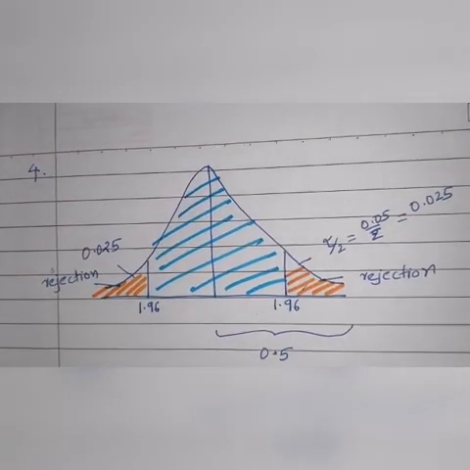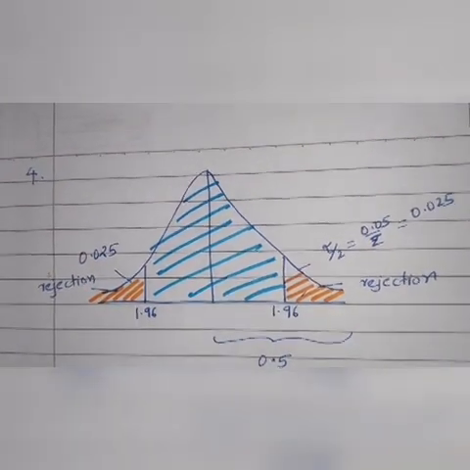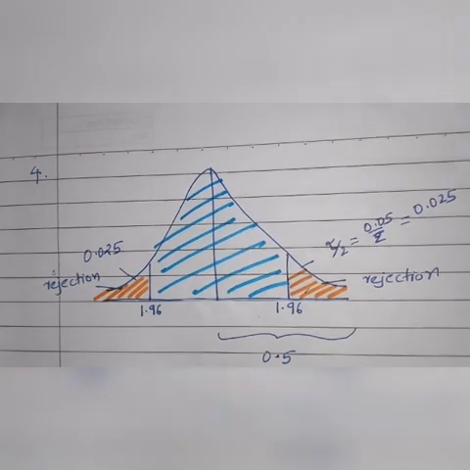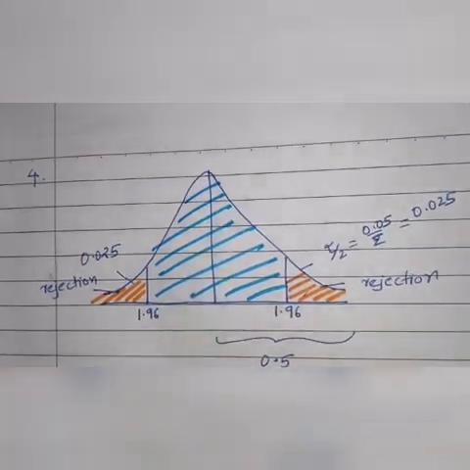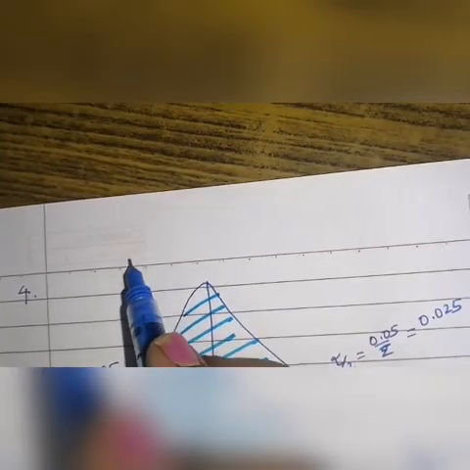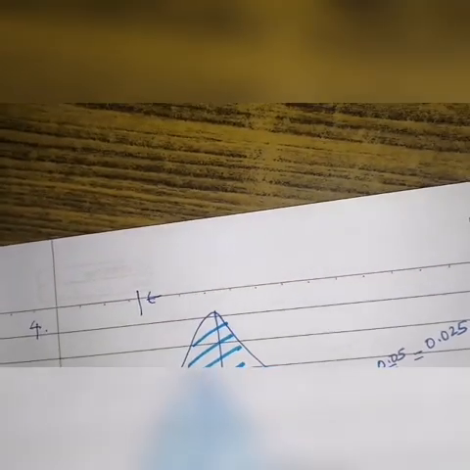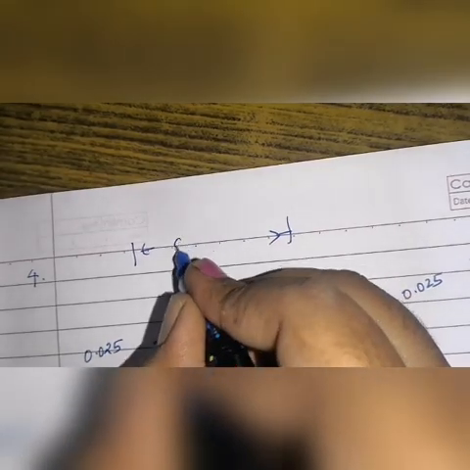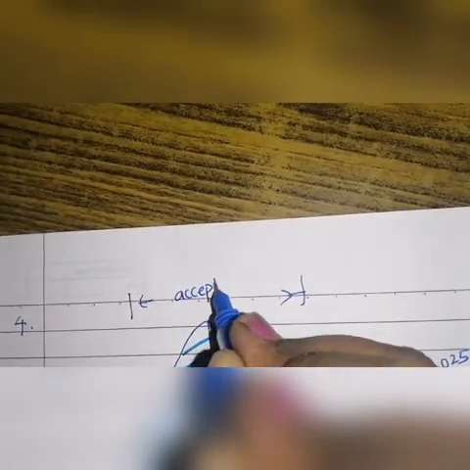If it is a right-tailed test, then the alpha value will only be on one side of the curve. Because it is two-tailed, we have to divide it into two equal halves. Now this entire region from here to here is the acceptance region.